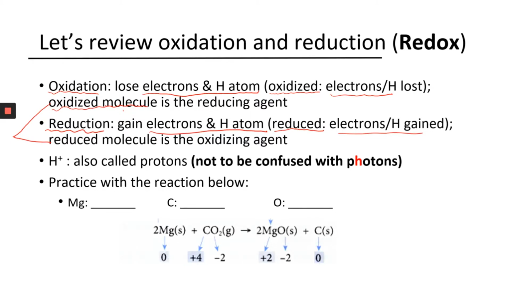But relative to the other molecule, this molecule will be the reducing agent because it's reducing the other molecule that takes away the electrons. All right, and then the reduced molecule, the molecule that gains electrons and hydrogen atom, is going to be the oxidizing reagent because it oxidizes the other molecule.